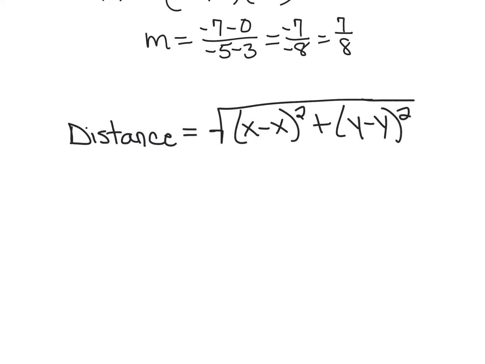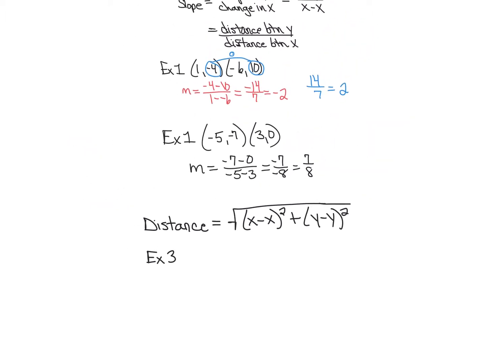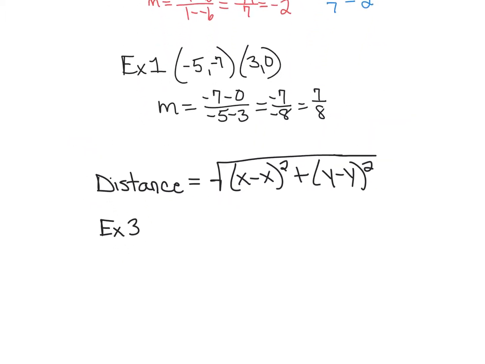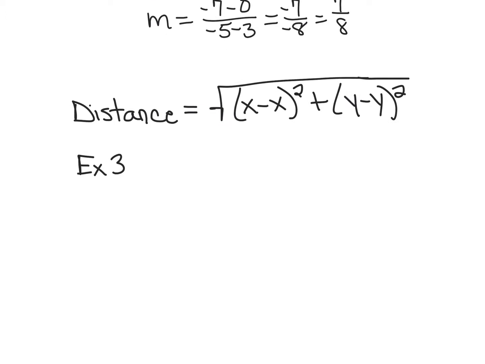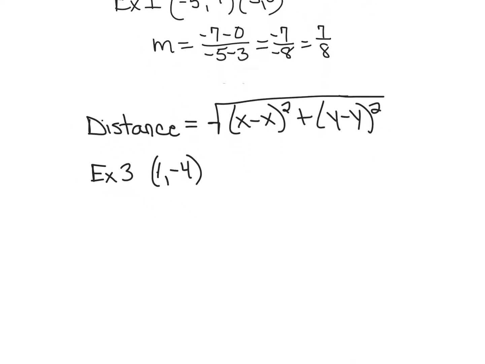So a lot of similarities to the slope formula, isn't there? Now, if I use the same points, so let's see, we got 1, negative 4, and negative 6, 10.